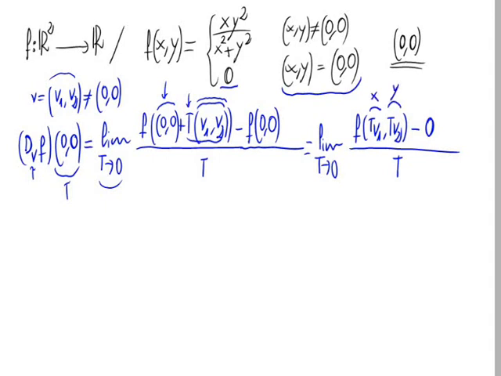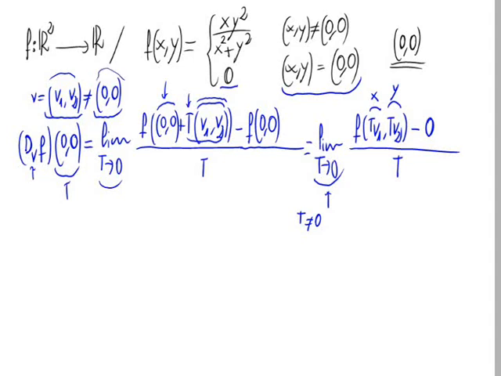Now f of t times v1 and t times v2, this is x and this is y. We know that v sub 1 and v sub 2 is different from 0, 0, and t is very, very close to 0, but it's not exactly 0. So when we calculate a limit, the value that t approaches is very, very close to it, but it's not, as I said, exactly the number.